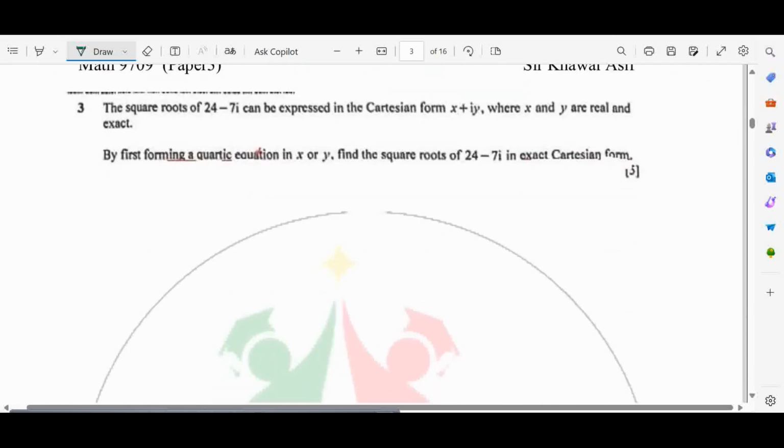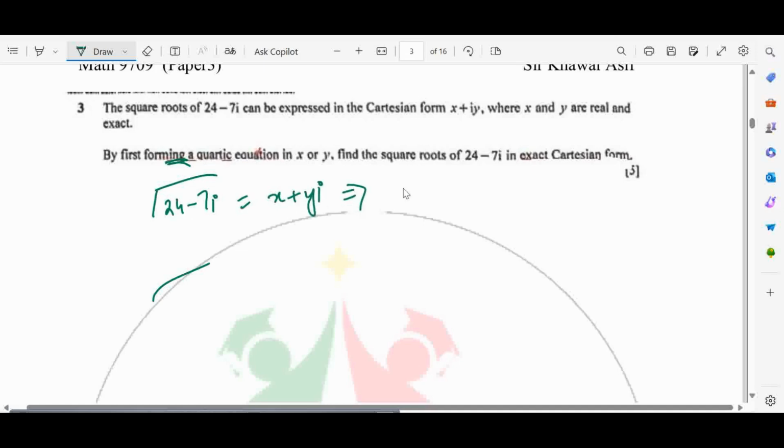Question number 3. The square root of this can be expressed in Cartesian form, where x and y are real and exact. Find, by first forming a quadratic equation, the square root of this in Cartesian form. So the square root of 24 minus 7i can be expressed as x plus yi.